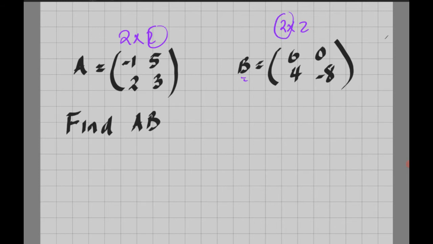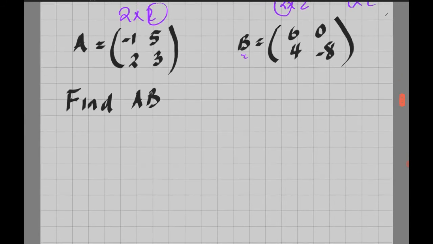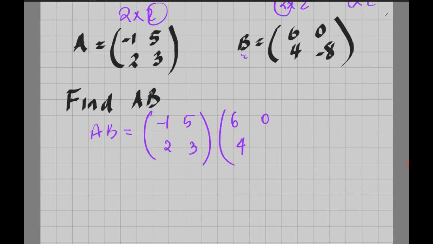So these ones we are able to multiply, and the product we have would be a 2 by 2 matrix. So AB is equals to minus 1, 5, 2, 3 by 6, 0, 4, minus 8.